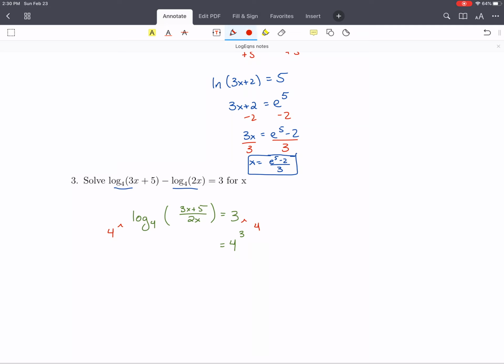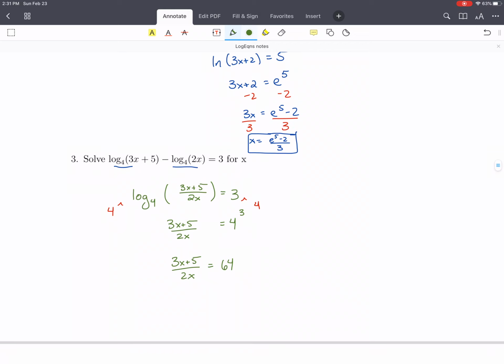If I take 4 to the third power, I should get 3x plus 5 over 2x. 4 to the third power, well, that's 16 times 4, which is 64. And now I can solve this just using the tools I already have.